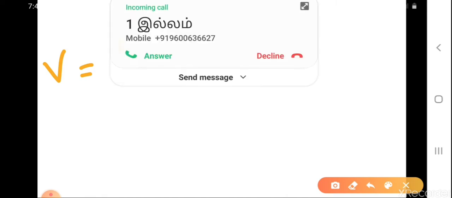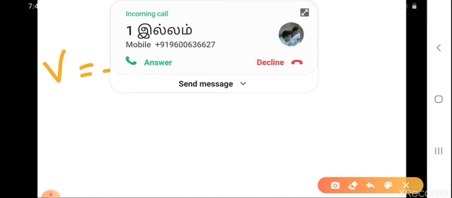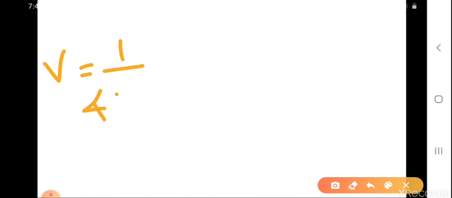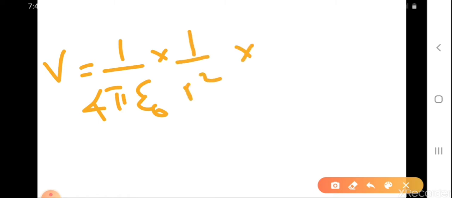Okay, now one more step we will write. V is equal to 1 by 4 pi epsilon naught into 1 by R square into 2QA cos theta.